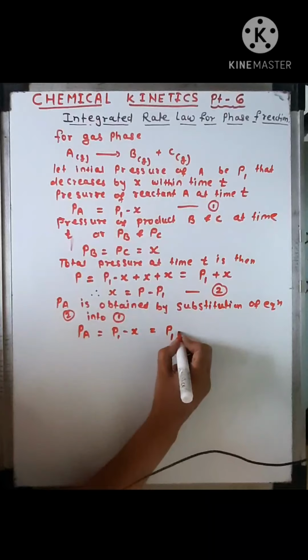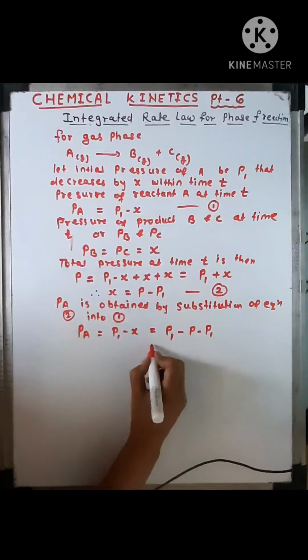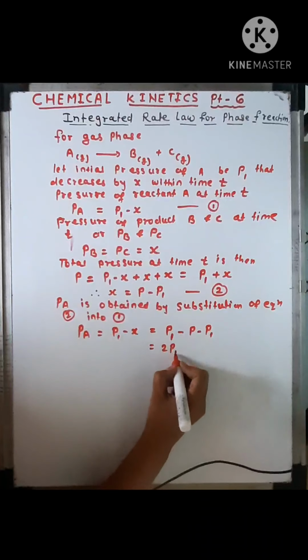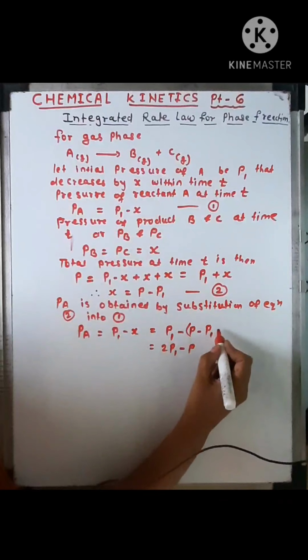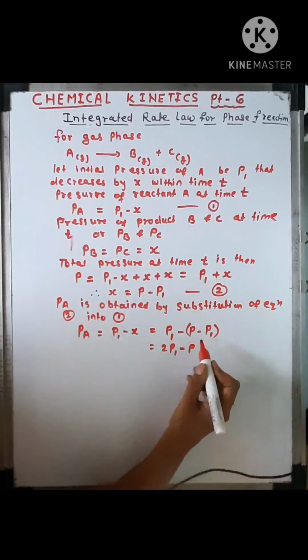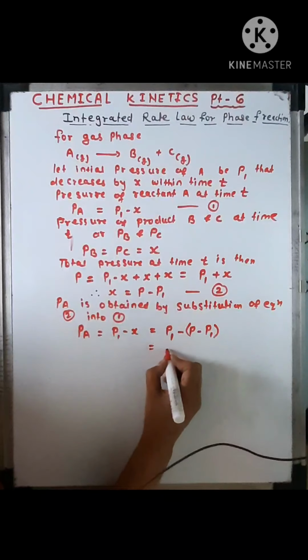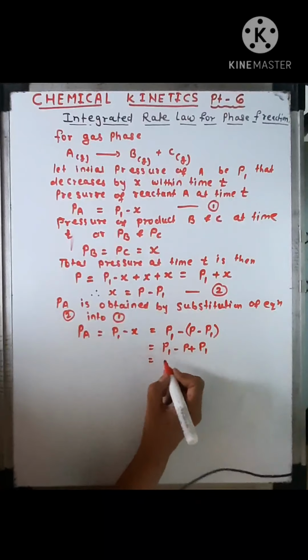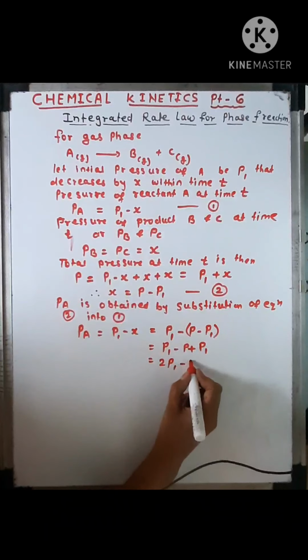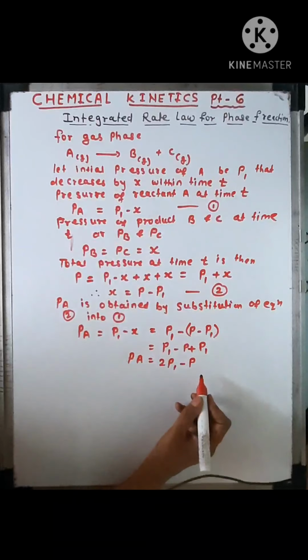So P1 minus (P minus P1), and it is equal to 2P1 minus P. This is in bracket P minus P1. Then we should solve this bracket. It is equal to P1 minus P plus P1, and it is equal to 2P1 minus P. The value of PA is 2P1 minus P.